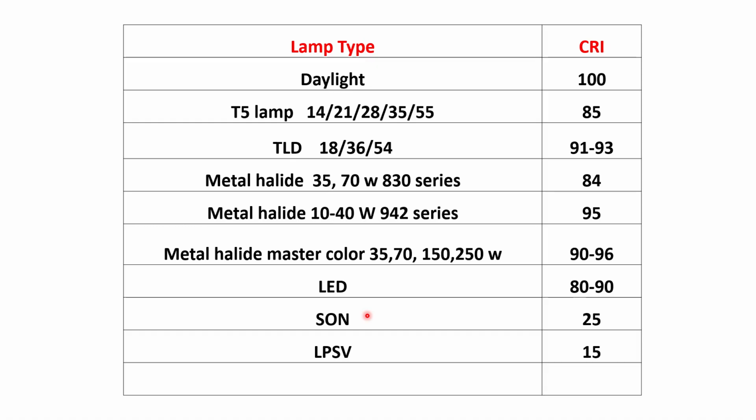Then SON, this is sodium vapor, high pressure sodium vapor lamp, which has a very poor rendering index, and the most efficient lamp, low pressure sodium vapor, is having even worse color rendering index, but these are used only for yards, bus depots, railway yards, metro yards, similar places where a person has to remain for a very short time.